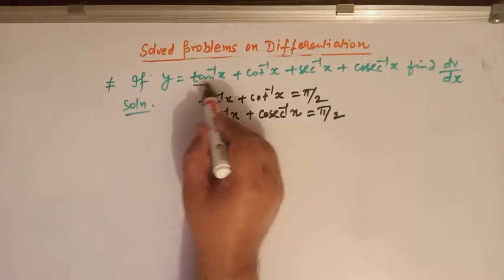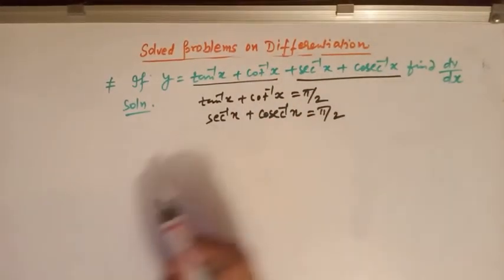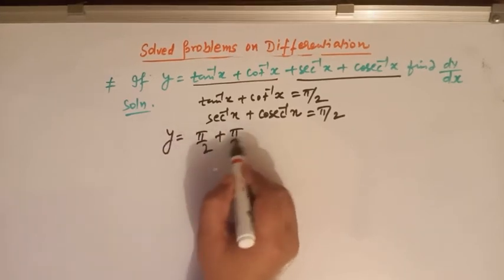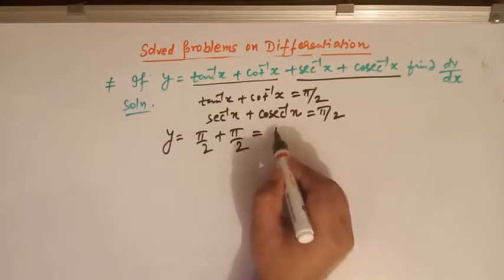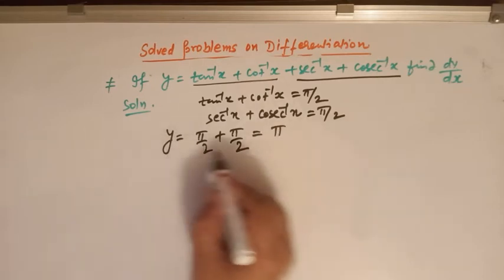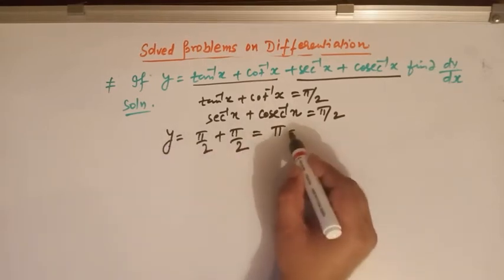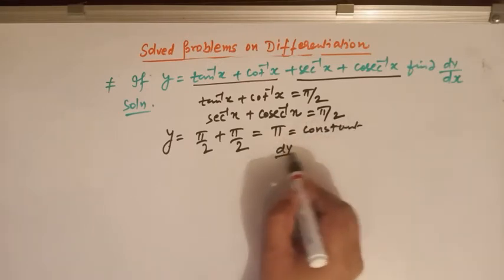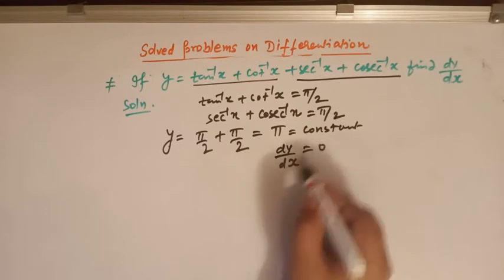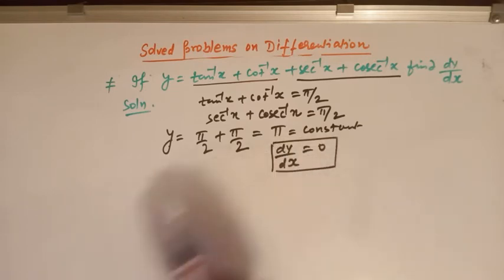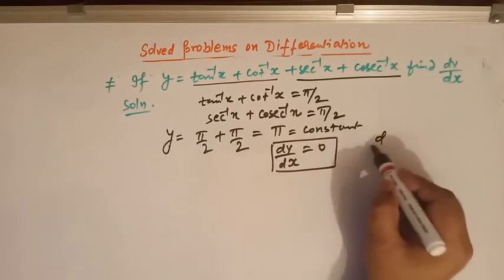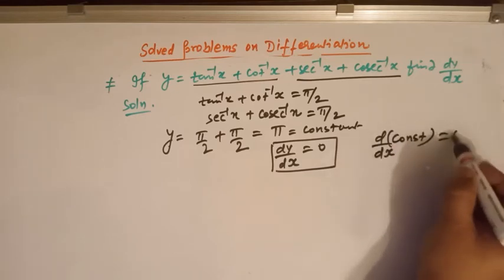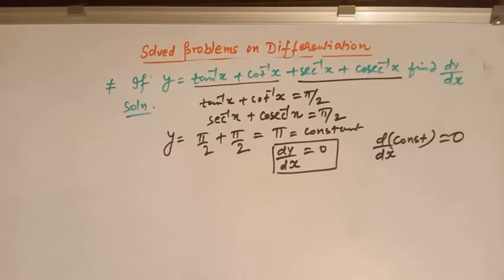So this becomes pi by 2 and this becomes pi by 2, so we have pi by 2 plus pi by 2, and it becomes pi. Clear? So y is equal to a constant. Pi is a constant, and if we find dy over dx, then we get 0. Why? Because the derivative of a constant is 0. Clear?